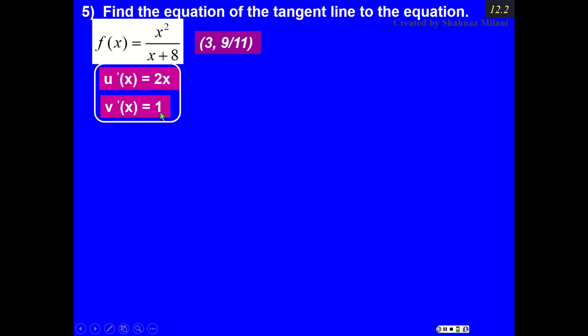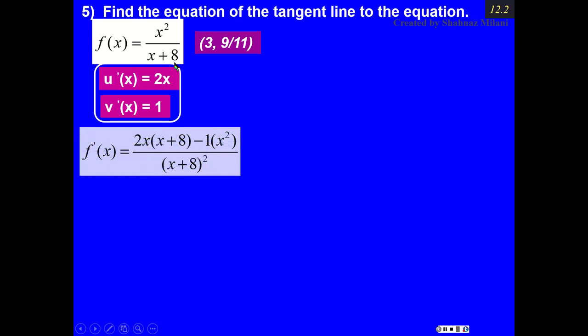Now we go to our calculus. From the first side, f prime of x, or dy over dx, equals the derivative of the numerator, 2x, times the denominator. Make sure if your denominator has more than one term, keep it inside the parentheses.